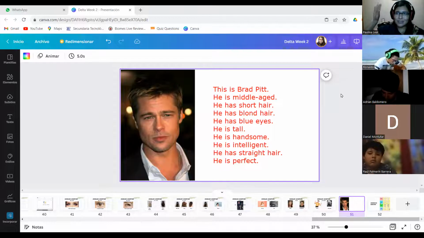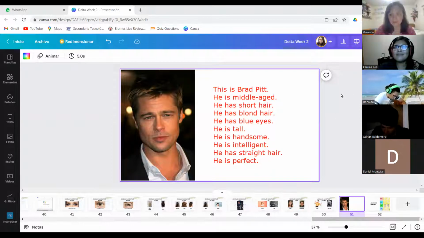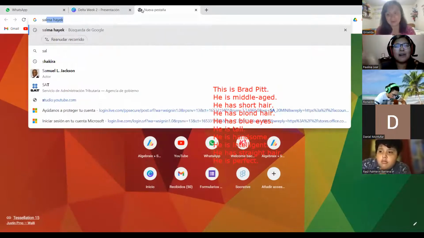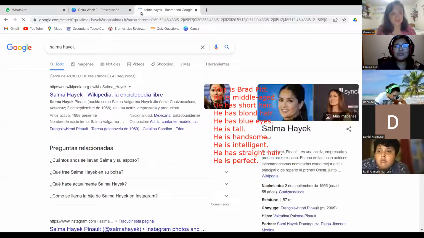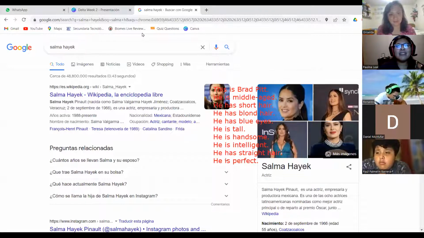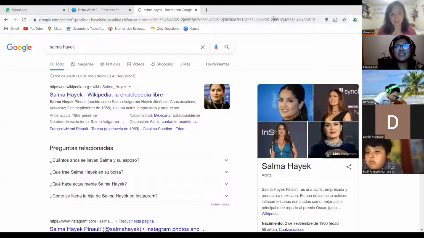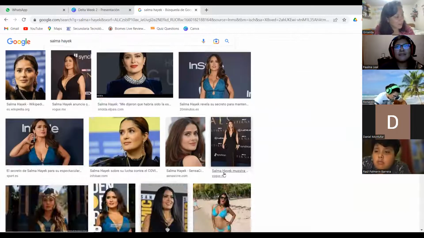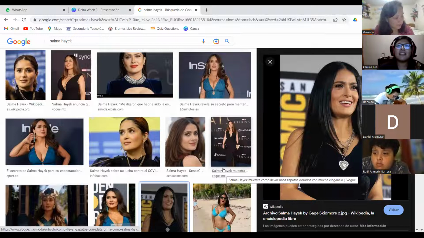Raise your hand if you would like to share your description of a person. Okay, Griselda, wonderful. Griselda, who is your person? Salma Hayek. Okay, Salma Hayek. Let's look her up. So everybody, in case you don't know her, let's see what she looks like. Here she is. Okay. This is Salma Hayek. She's pretty.